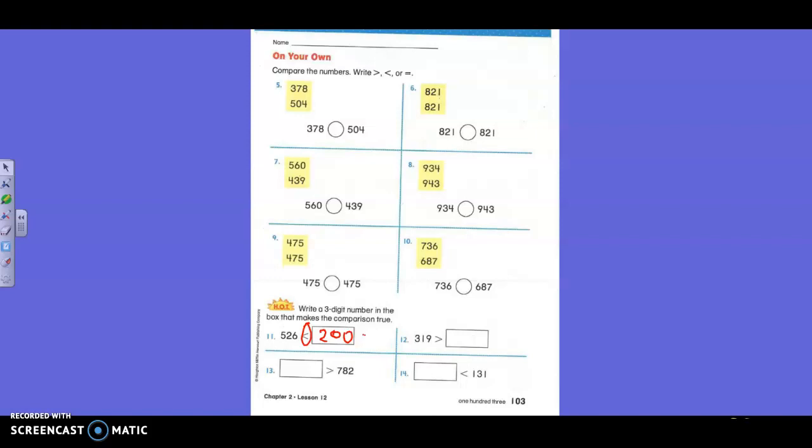Is 5 more cookies than 2? Yes. So is this correct? No. Cannot write 200. 200 is not greater than 500. 5 is bigger than 2. Not just 5, it has to be the whole number.